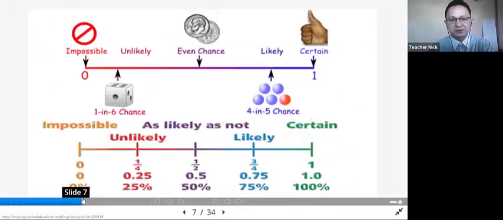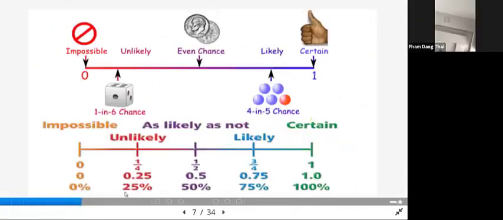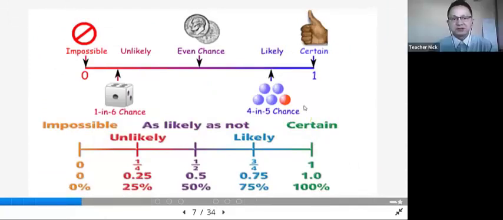I'll give you an example like this. You will have impossible, 0, unlikely, even chance, likely, certain. We just learned these.